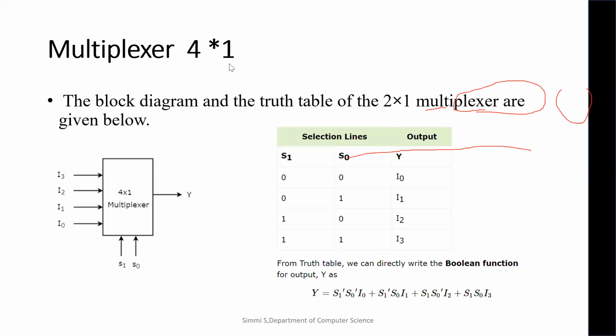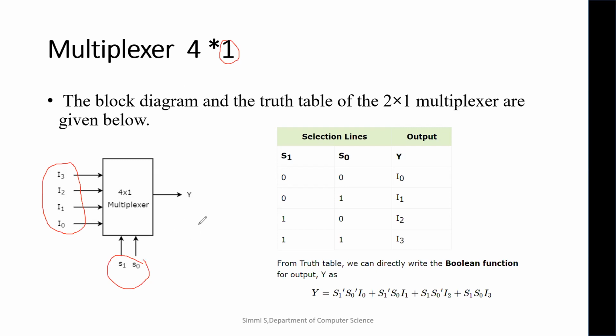So, this is the image of a 4 by 1 multiplexer. 4 by 1 means 4 inputs. We have 4 inputs and 1 output, and we have two selection lines S1 and S0.